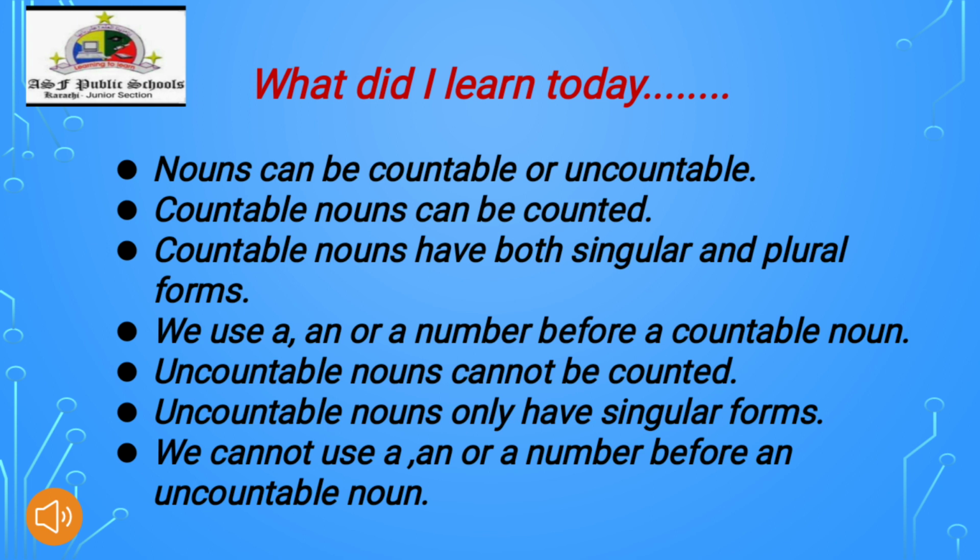We use a, an, or a number before a countable noun. Nouns that cannot be counted are known as uncountable nouns. Uncountable nouns only have singular forms. We cannot use a, an, or a number before an uncountable noun.